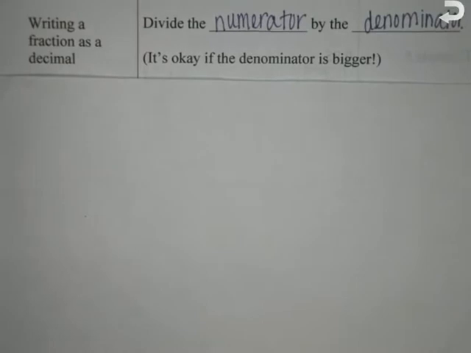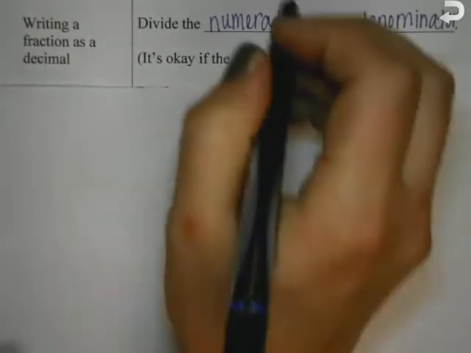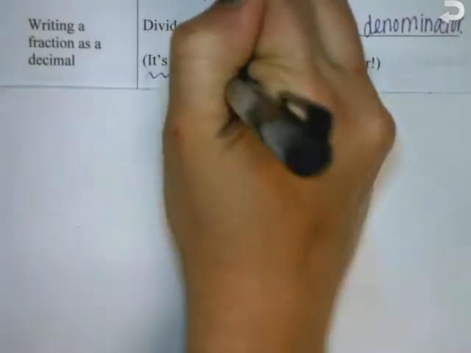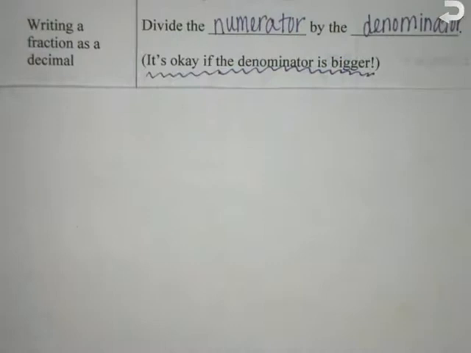Now, I wrote a note for you, and I want you to underline it, box it, circle it, star it, something. It is okay if the denominator is bigger. You do not always have to divide by the smaller number. Some of you are still having a hard time with this concept.